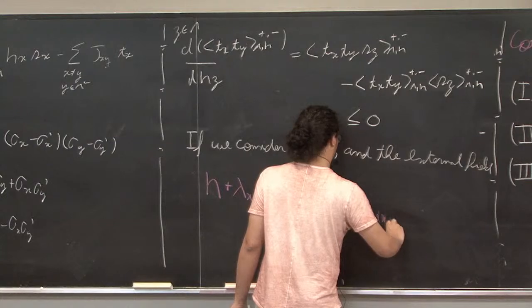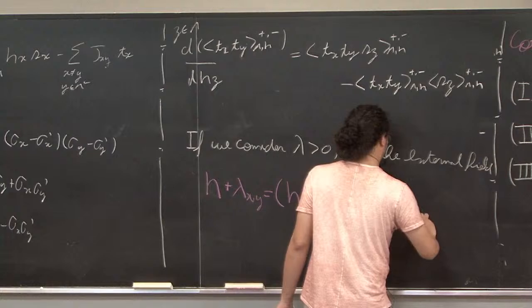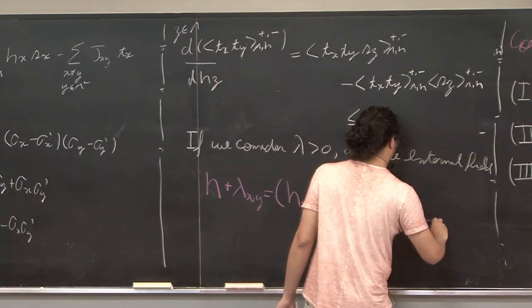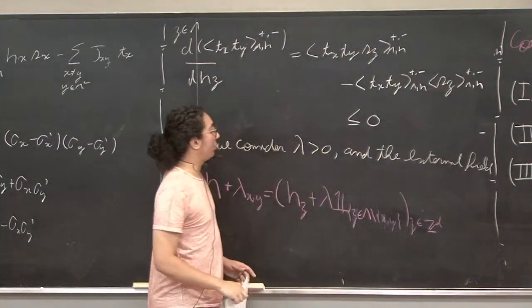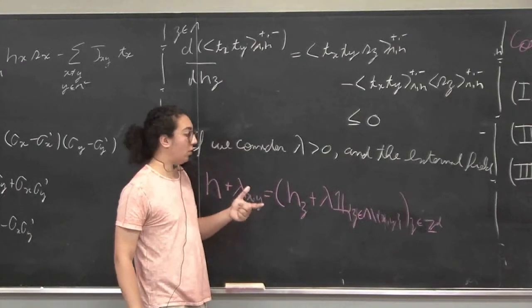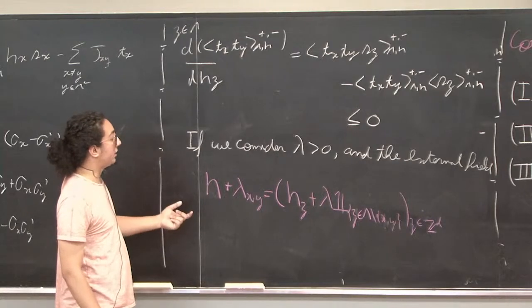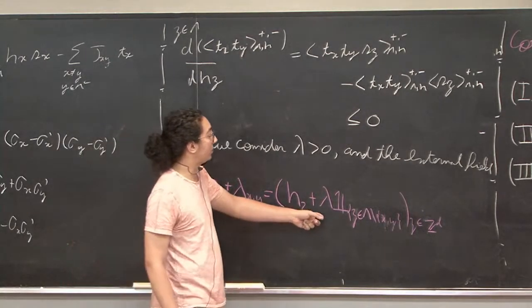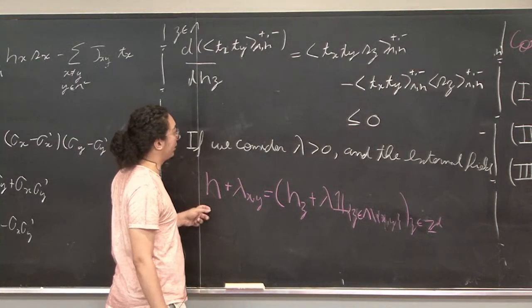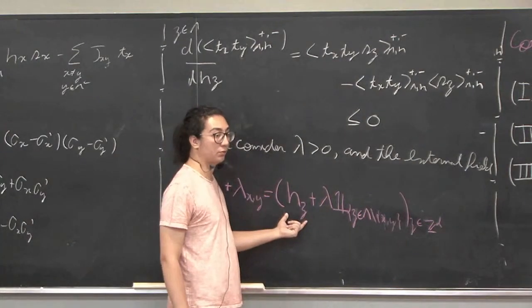So you are adding a constant external field in all sites except on x and y. And you can clearly see that as this lambda is positive, this quantity is always larger than just the original external field.